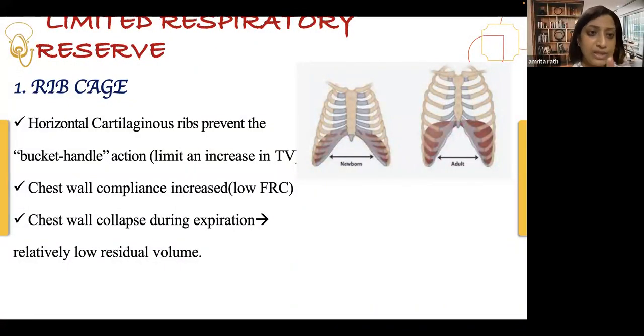That means during expiration, when the baby tries to exhale, the chest wall should try to move outwardly so that the lung should not collapse too much. But that doesn't happen here. The chest wall compliance is so much increased that when the lung is collapsing, it will also collapse. So that is why the FRC is low.